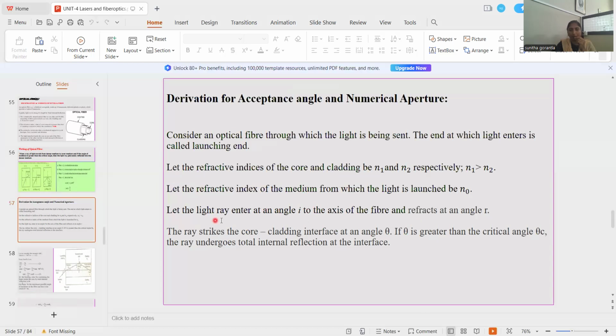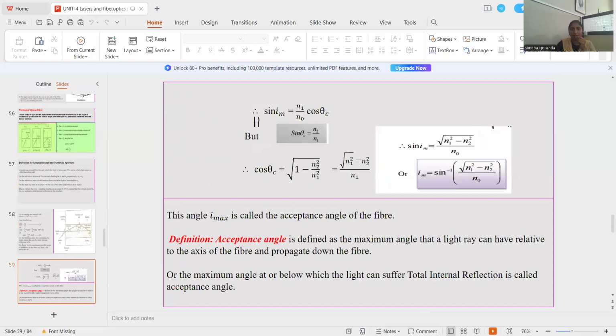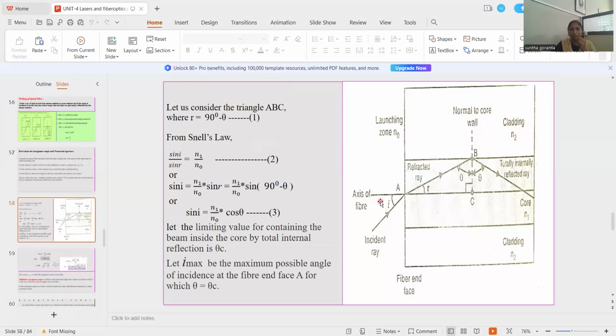And let the light ray enter at angle I to the axis of the fiber and refract at angle R. The light ray enters the core with angle of incidence I and refracts into the core medium with angle of refraction R. And this light ray is incident at the core-cladding interface at point B.